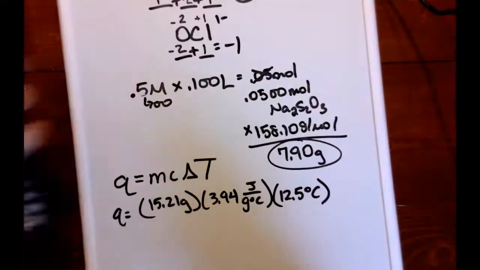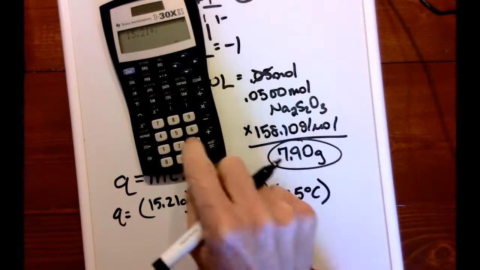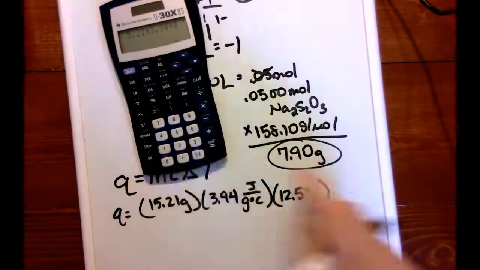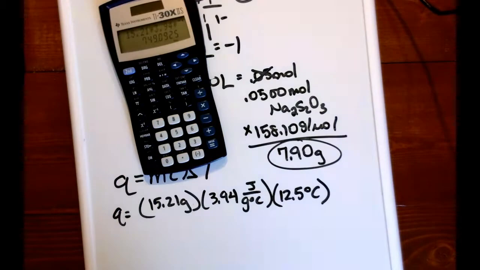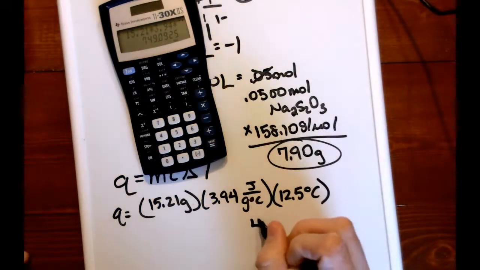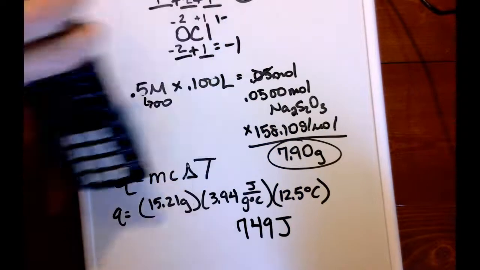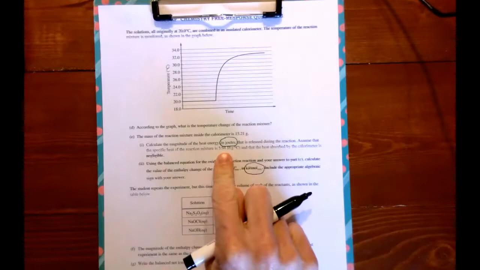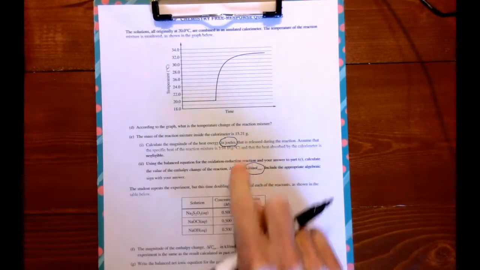So, if we grab a calculator, 15.21 times 3.94 times 12.5, and we get 749 joules for an answer. And 3 sig figs is what we used. 12.5 degrees Celsius was 3 sig figs. 3.94 was 3 sig figs. Even though that had 4 sig figs, 3 sig figs is the most that we're allowed to have.